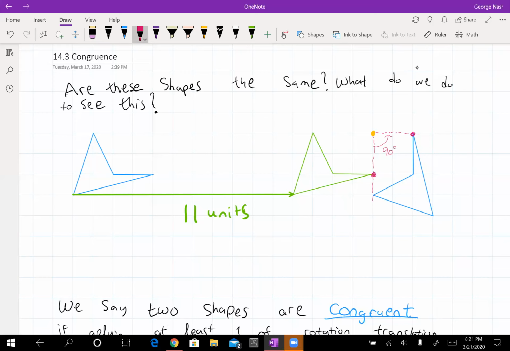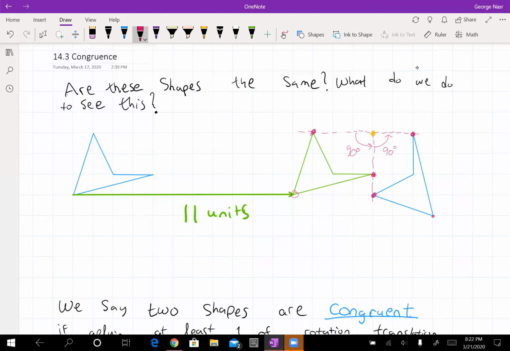And then I just want you to use your brain to kind of imagine everything else. For example, this point right here, if I rotate that by 90 degrees about this point, it should come around and stop where it shows up at 90 degrees. And remember, it has to stay the same distance from that yellow point. So that point's there. And using a similar reasoning, this point right here ends up there.